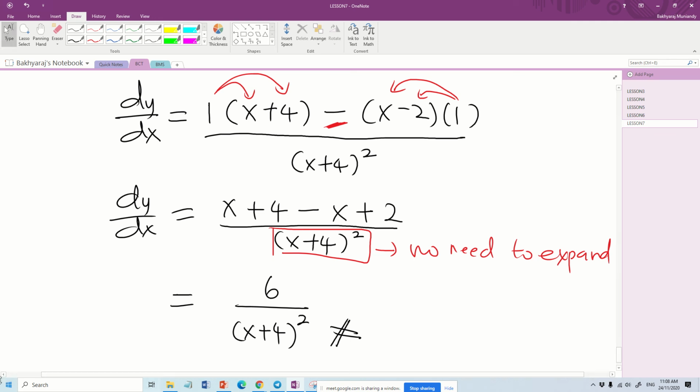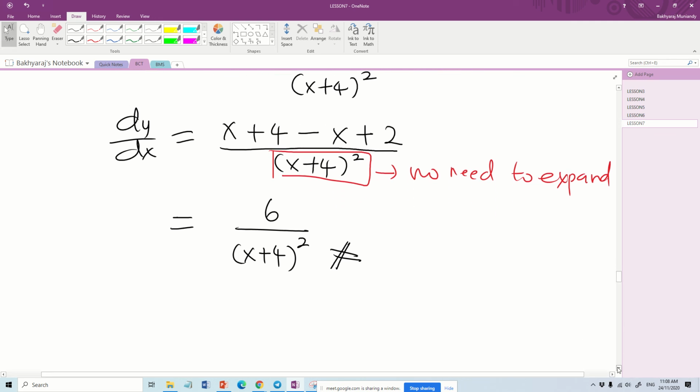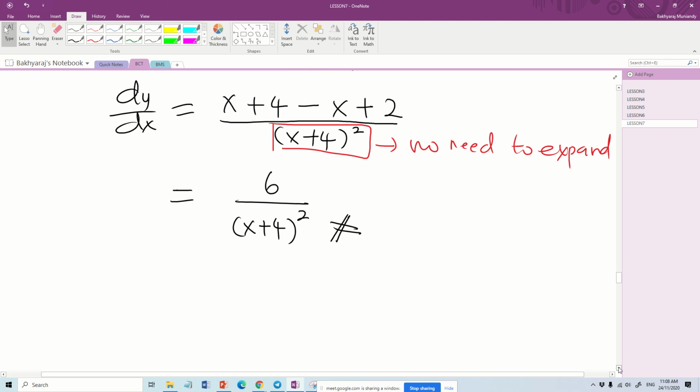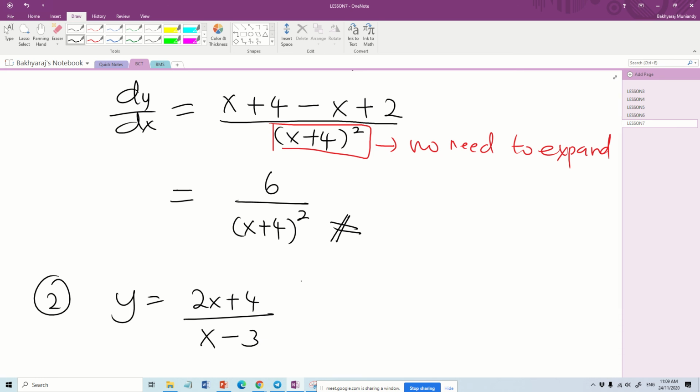Okay, next I go for question number 2. Question 2, y equal 2x plus 4 divided by x minus 3.